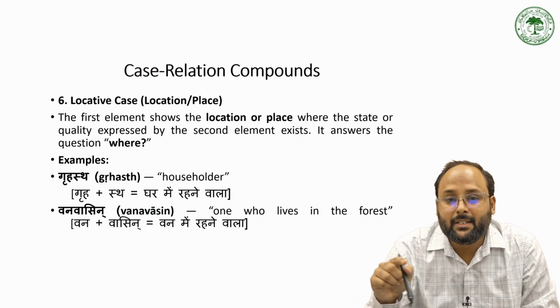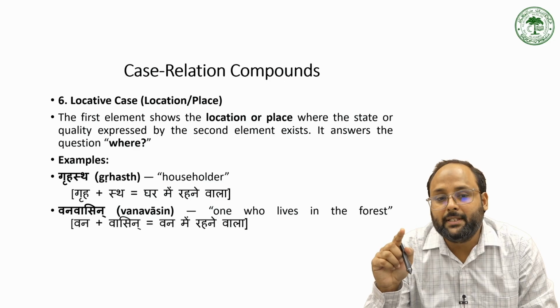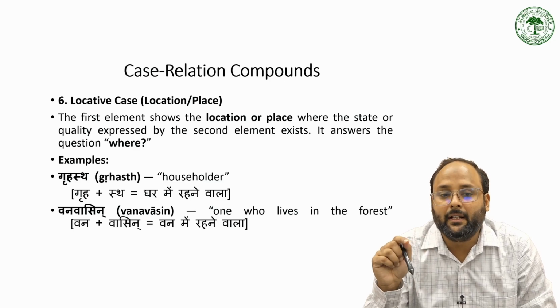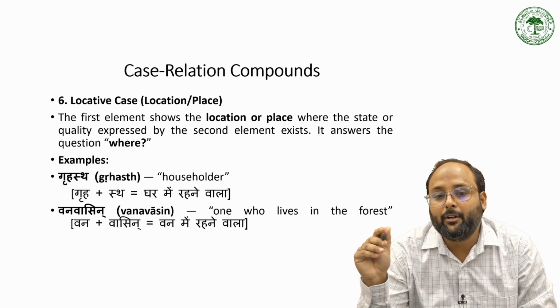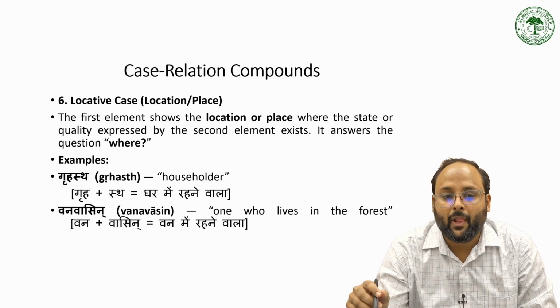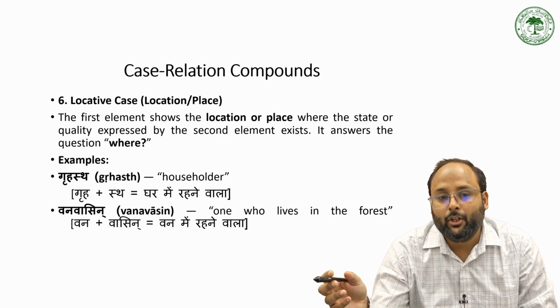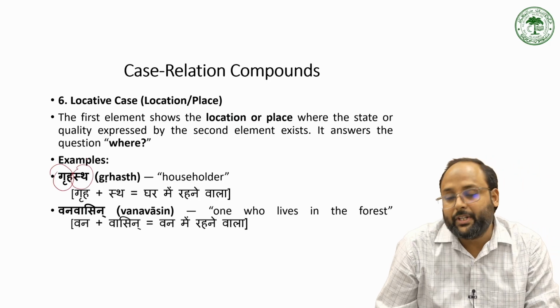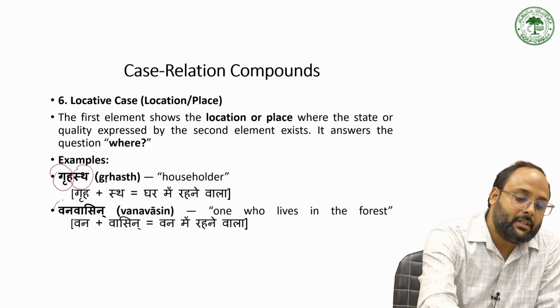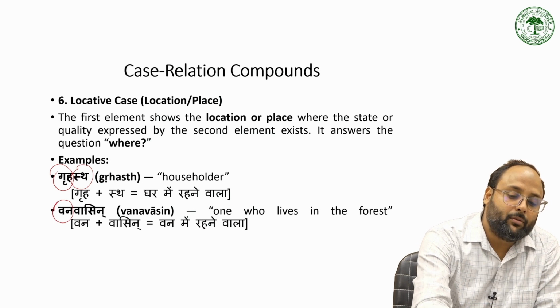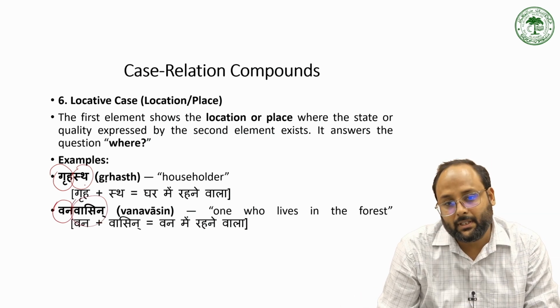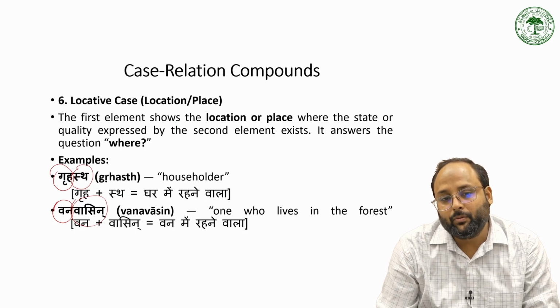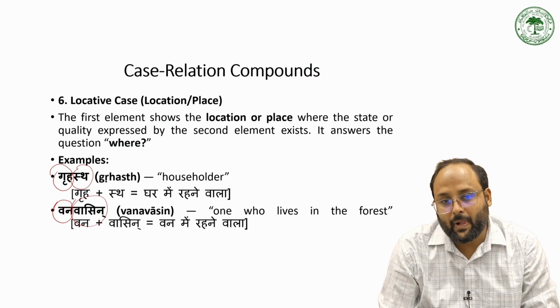So you can understand the meaning of location or place, like Grihast. Grihast means घर में रहने वाला, householder, और वनवासी, वन में रहने वाला. There is one element, Griha, which gives the meaning of location or place, and vasi, रहने वाला. So that is called the locative case.